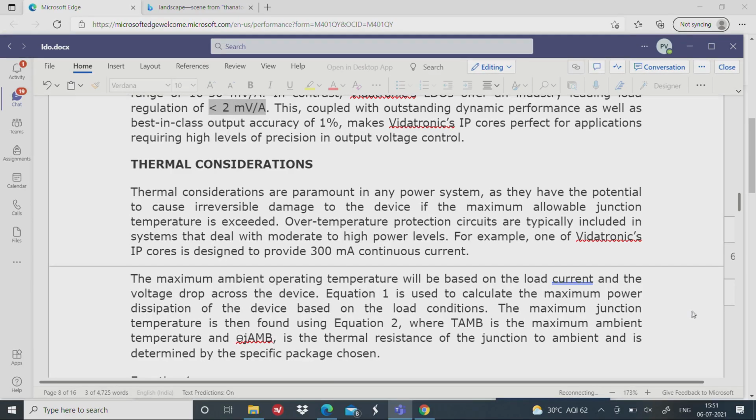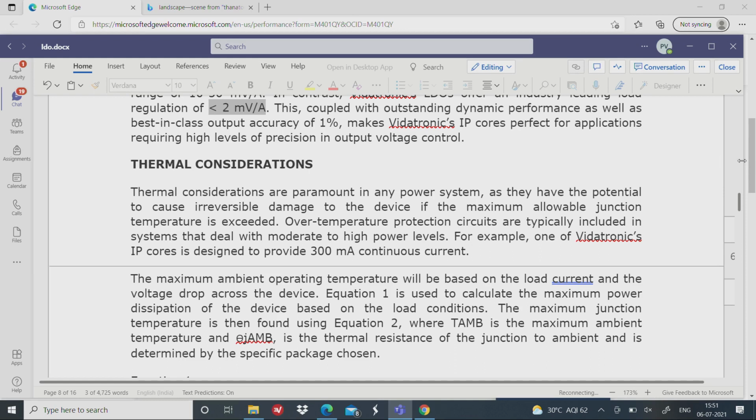Now look at thermal consideration. Please note I mentioned to you about the different packages. Now how do you get to thermal packaging? Thermal packaging means you have a chip, it is working in the ambient, it has a certain junction temperature. Okay. Now how hot it is becoming depends on how much current is actually being drawn from the chip.